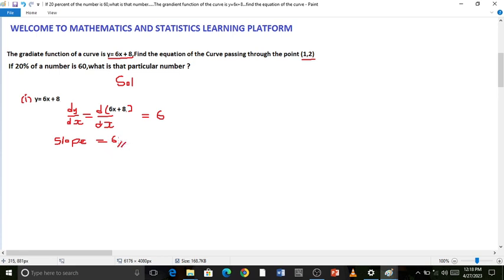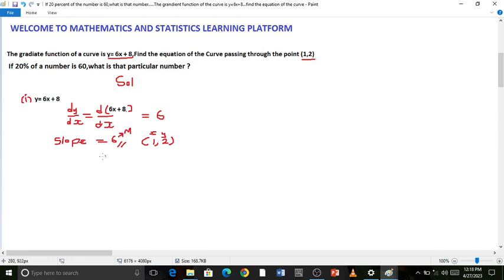Since at this point, (1, 2), the two curves have the same gradient, we know this is the x value. This shows the movement in the x-axis, and this is the movement in the y-axis, and the slope is m.